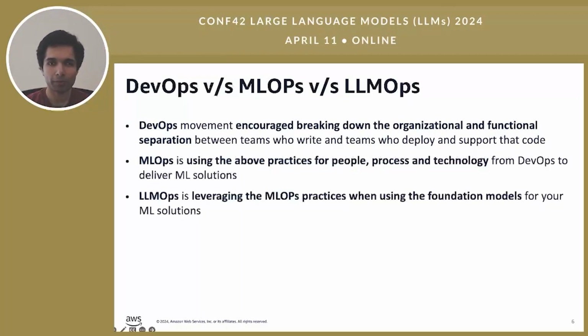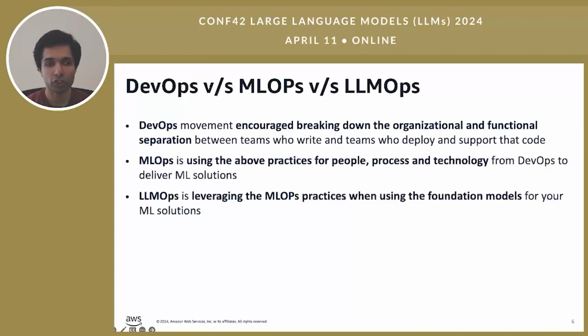What about LLMOps? So far, MLOps is mostly used for specific machine learning models which you have created to solve a single task. With large language models, you have the capability of using a single foundation model to solve different types of tasks.